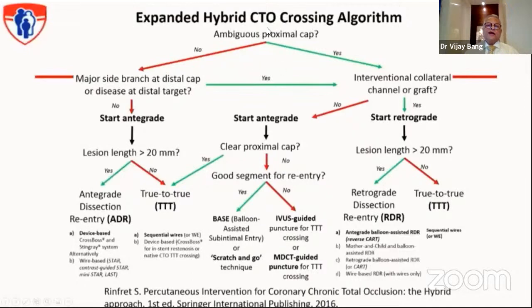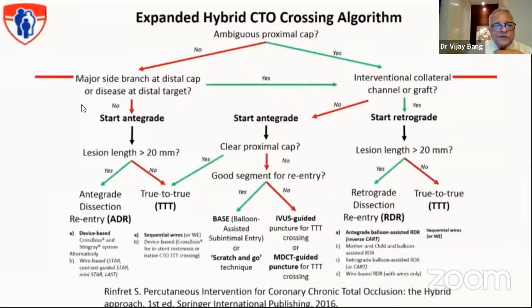Once we decide whether the cap is ambiguous or not, we look at whether there is a major side branch at the distal cap or disease at the distal target. If you don't have disease or a major side branch at the target, then we can consider antegrade wire escalation.